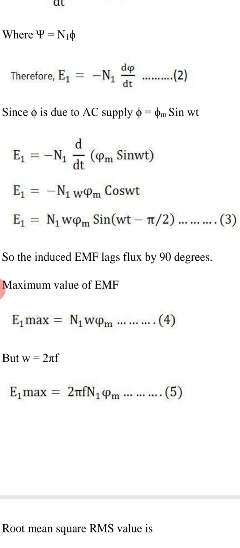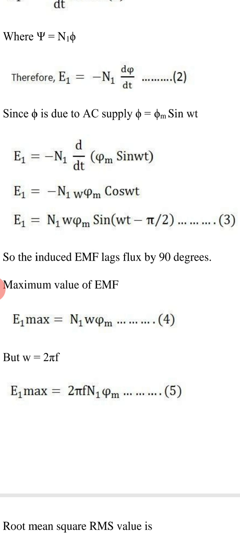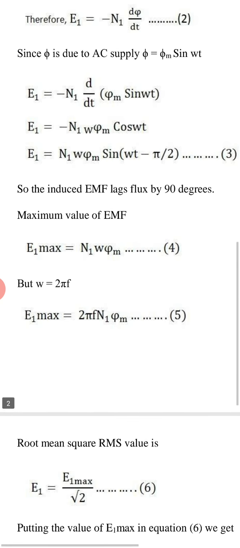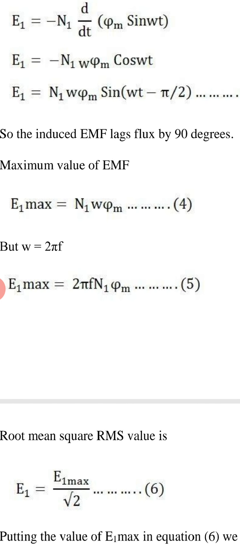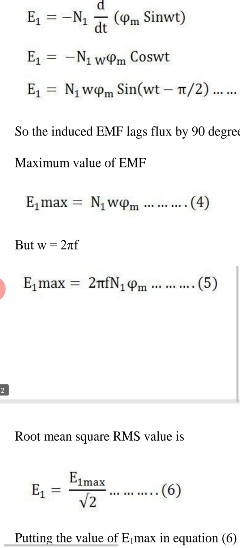So this equation 3 clearly states that the induced EMF is lagging behind the flux by 90 degrees. Now the maximum value is E1 max is equal to N1 omega phi m. So this is equation number 4.